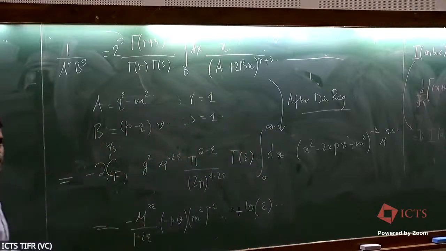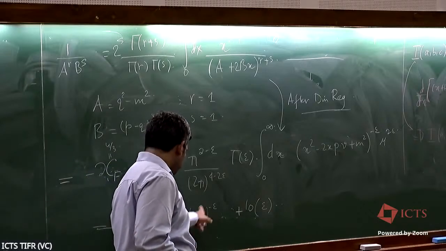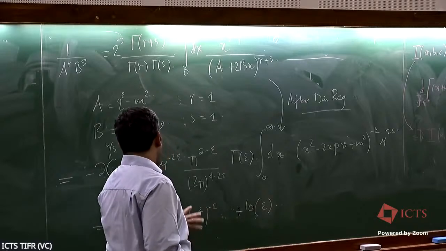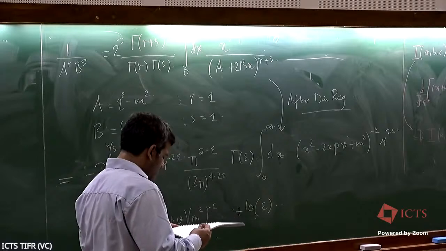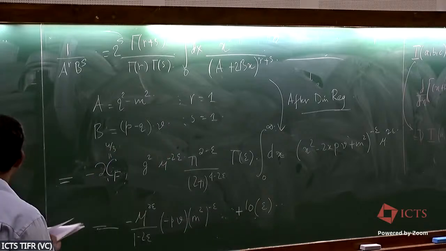I'm not interested in writing the order epsilon terms because eventually I'm taking epsilon tending to 0, so all those terms vanish. If I take epsilon tending to 0, this term will give me a finite piece. This is how we will extract the divergence now.